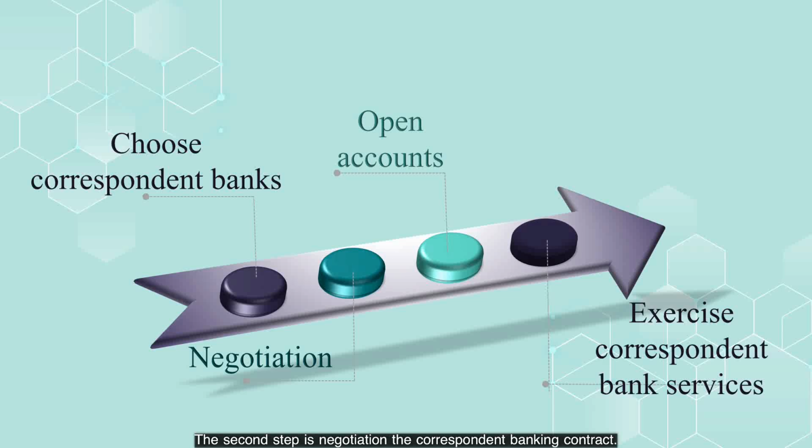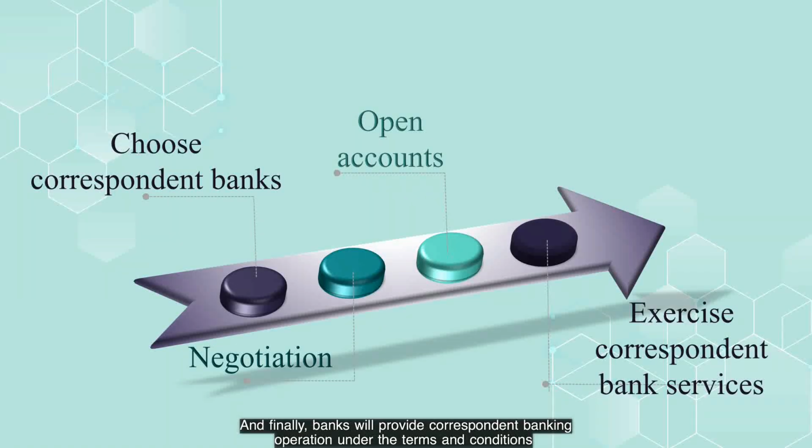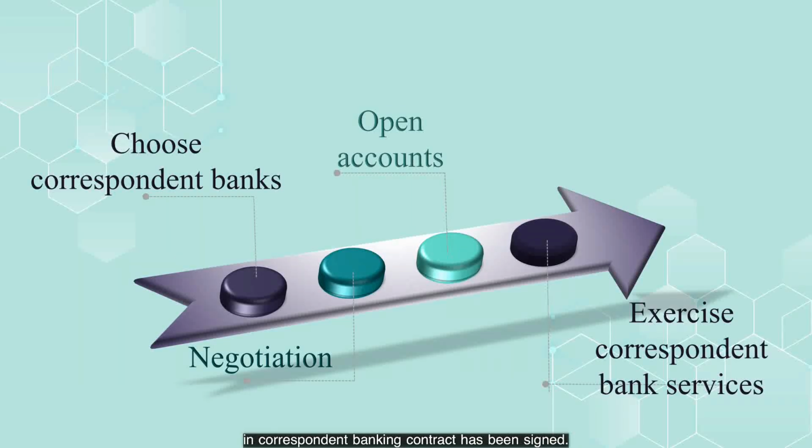The second step is negotiating the correspondent banking contract. After that, banks will open accounts at the correspondent bank. These accounts are called Nostro and Vostro accounts. And finally, banks will provide correspondent banking operations under the terms and conditions in the correspondent banking contract that has been signed.